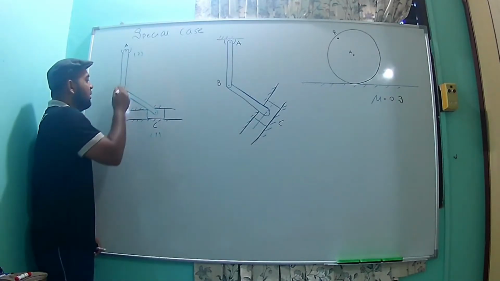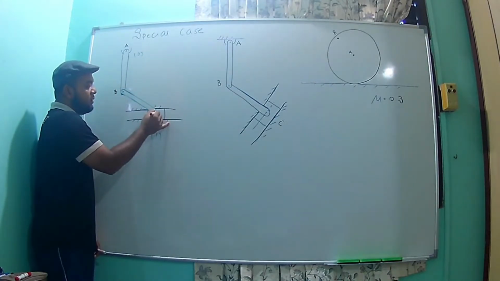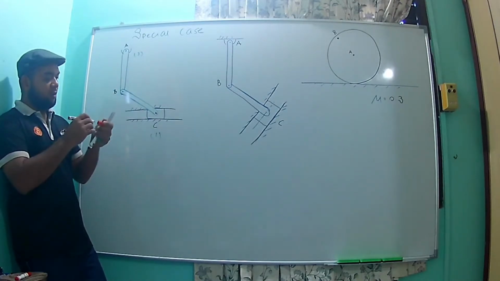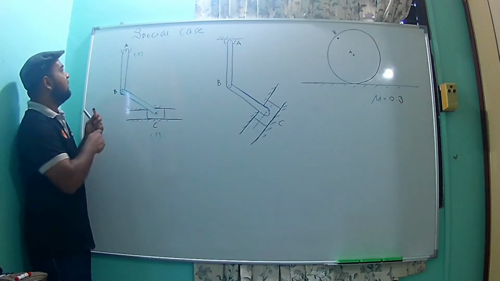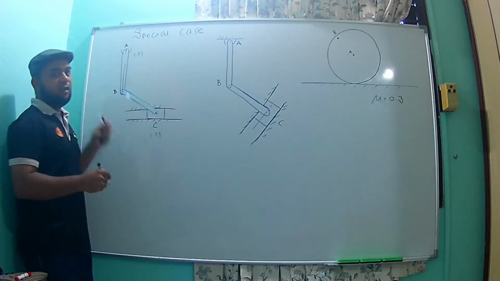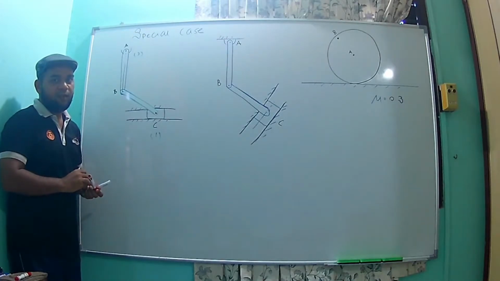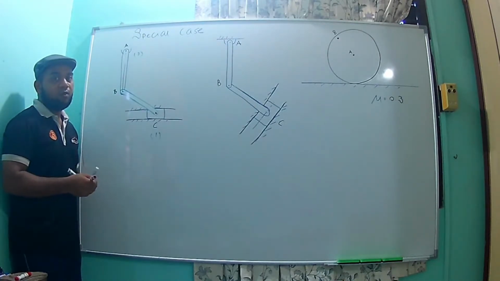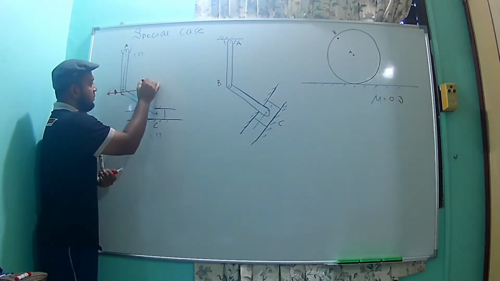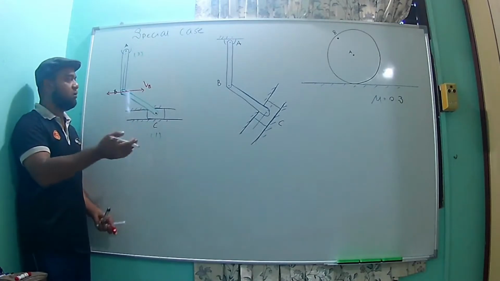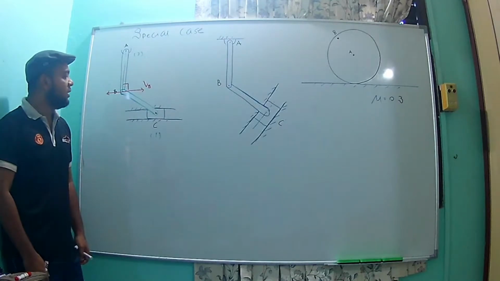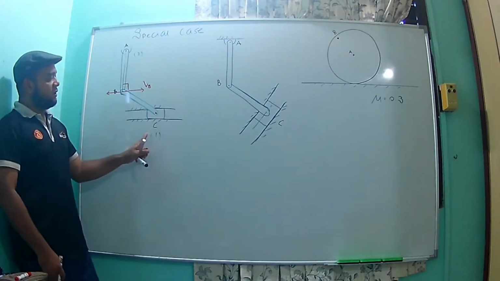So we have two points, point B and point C. First, we want the velocity at point B. We make a line from the rotation point towards B, and then the velocity is 90 degrees to this line. Let's say you didn't know which direction, but you know it is 90 degrees from this center line, so you have VB.